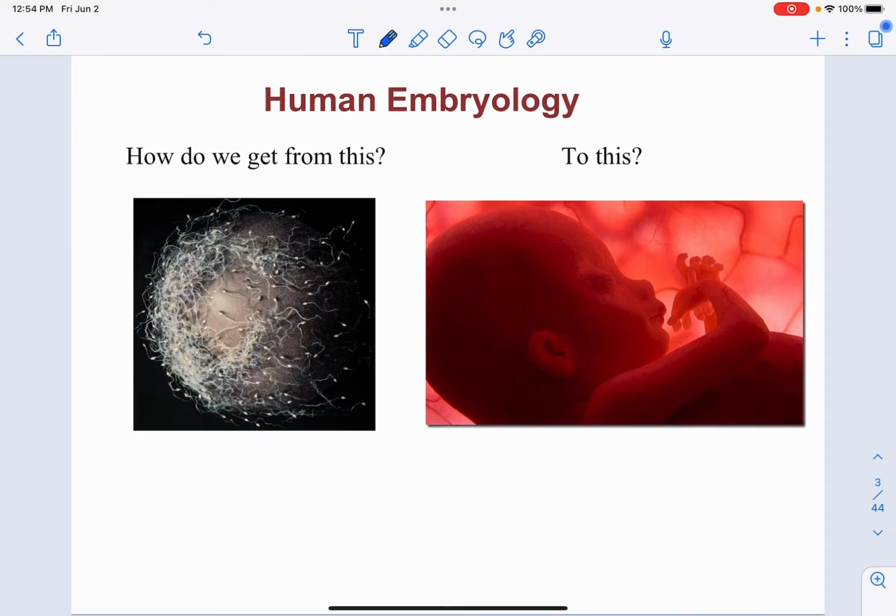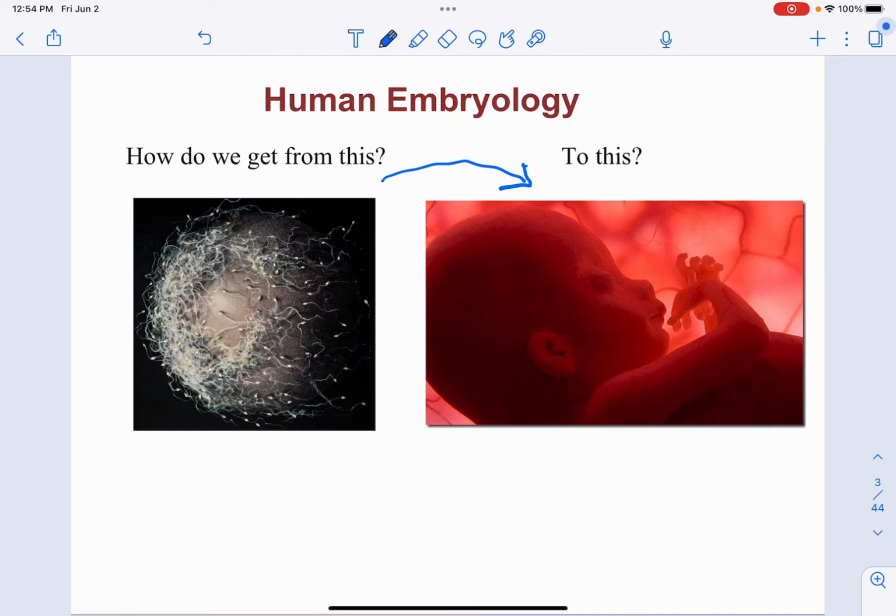So we have to switch gears a little bit because the question that comes up is, how do we take individual cells and combine them to make an organism? How do we get from here to here? How do we get from a single egg and a single sperm and generate an entire human? So we're all derived from a single cell.